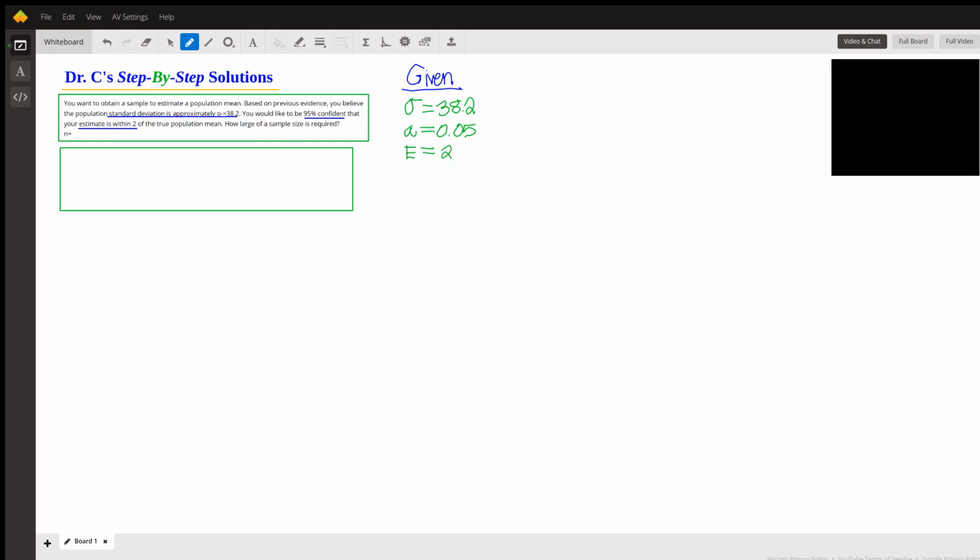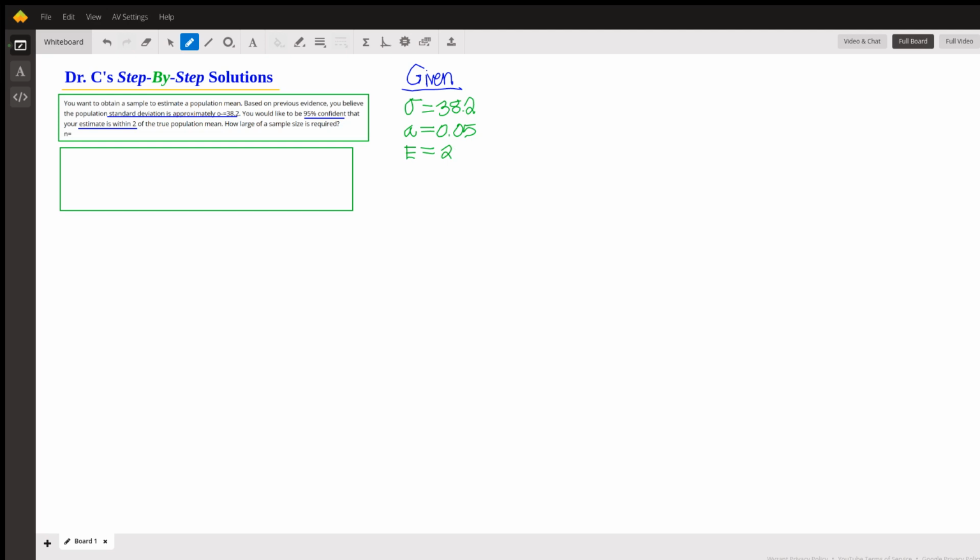Okay, so if we go through the steps of actually solving for the Z critical value, essentially all you would need to do, remember that P for critical values, especially for confidence intervals, is 1 minus alpha divided by 2. So 1 minus 0.05 divided by 2 equals 0.975. So essentially you would go to the Z table chart.